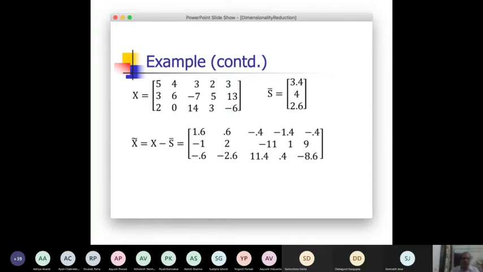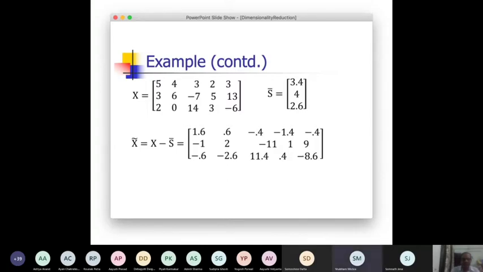Then you have to compute the covariance matrix. What is the covariance matrix computation? Can you be a bit more explicit?